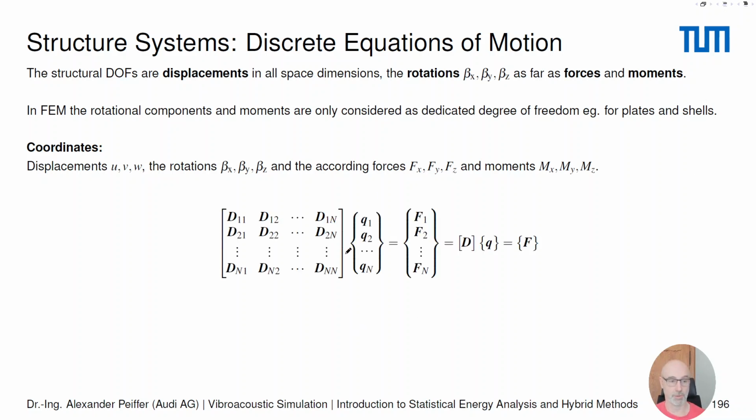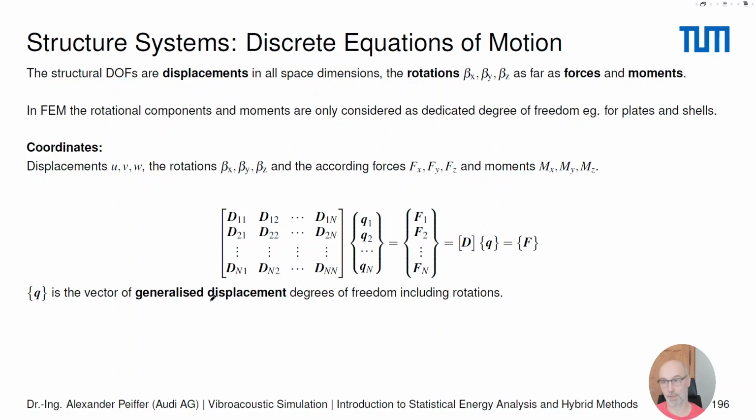In a common description, this is the discrete equation that we are forming. This is our stiffness matrix, the dynamic stiffness matrix. Here we have all the displacements collected, including rotations, and here all the forces, or in short, in matrix and vector convention, written like this. Again, Q is the vector of the generalized displacement.